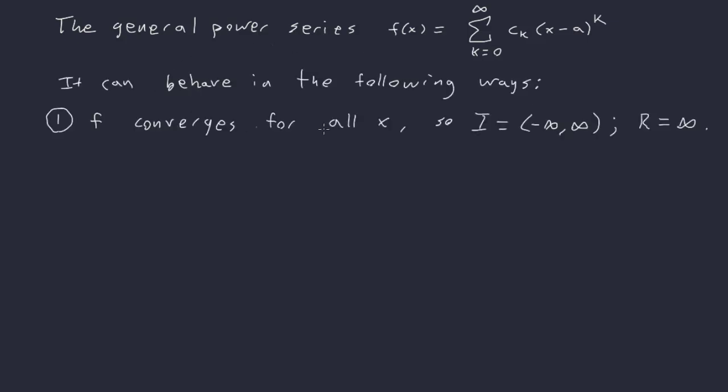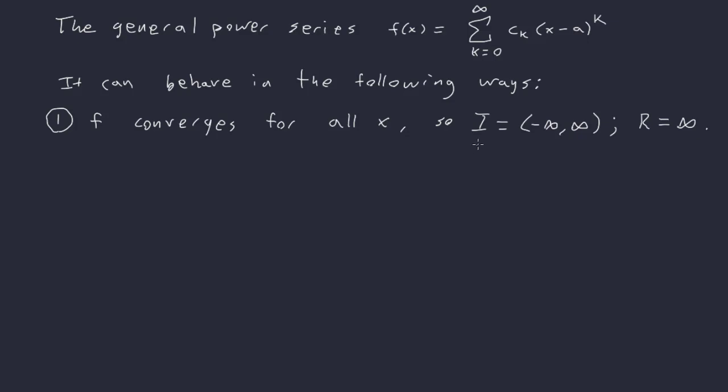All right, so the first way is it just converges everywhere. Converges for all x, so any x you throw into it, it will converge, and that makes its radius of convergence infinity. Yeah, we do say that R equals infinity in this case. That's the nicest series you could get.